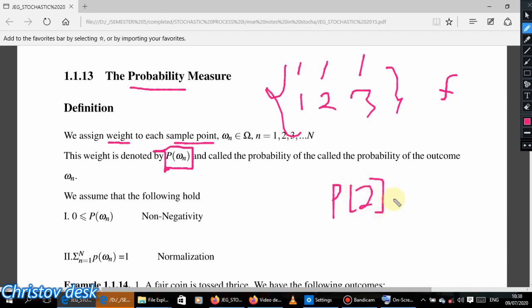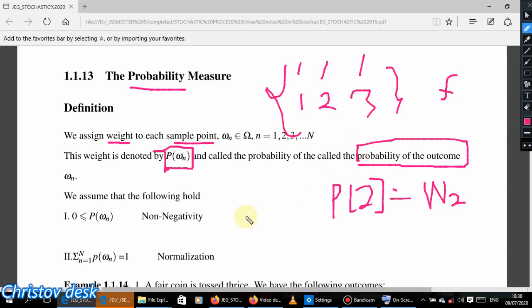This P2, whichever value it is going to be, will be the weight for 2, and we call it the probability of the outcome. So the measure or the weights that we put on are the probability of the outcome.